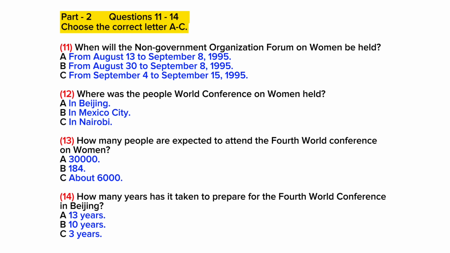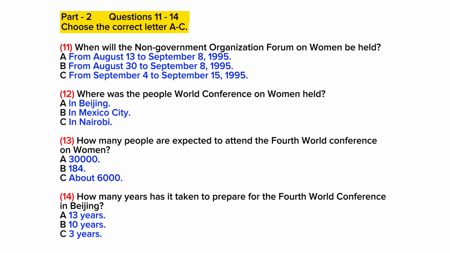This year, from the end of August until the middle of September, Beijing will hold 2 conferences. They are separate conferences, but related. The NGO Forum 95, from August the 30th to September the 8th, about 30,000 participants, both women and men, are expected to attend. It will be about women, their lives and their perspectives.